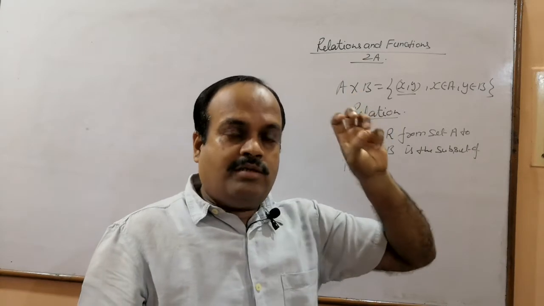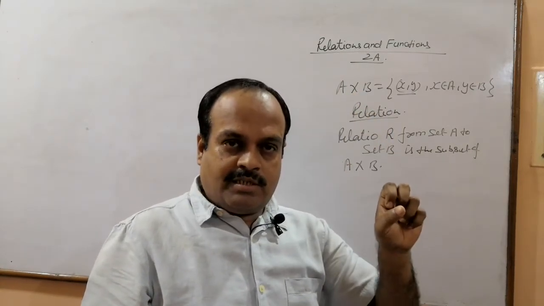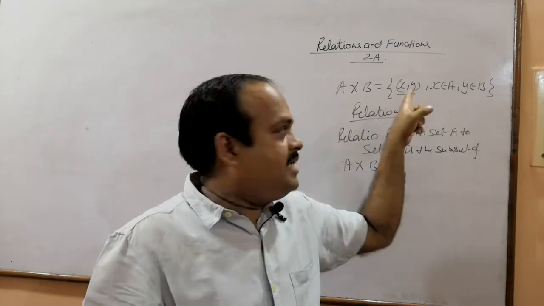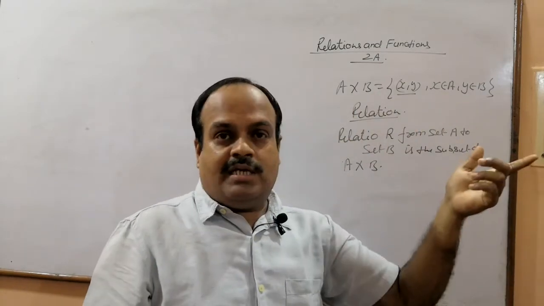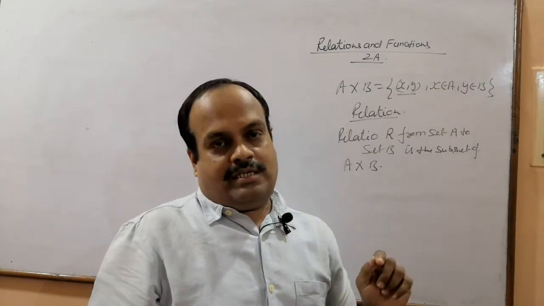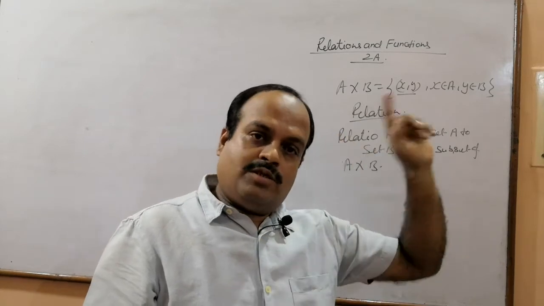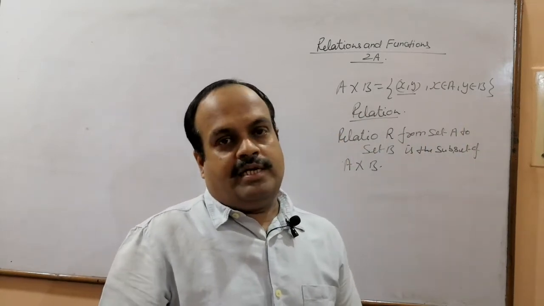So when you form a subset using the elements of A cross B, then that subset can be a relation from set A to set B.